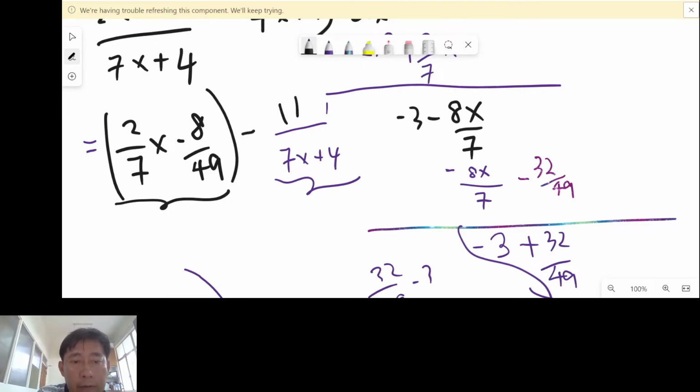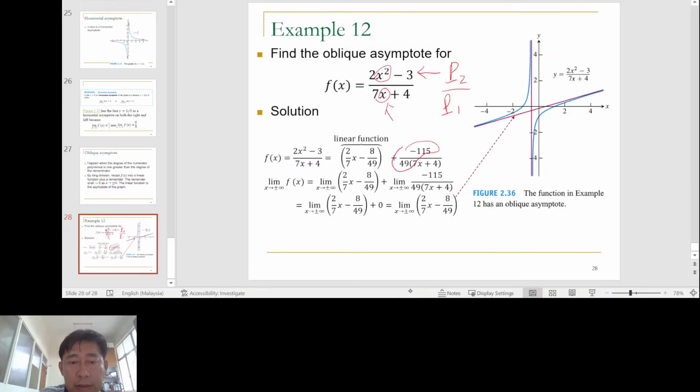Minus 115. So this is how the long division was performed. The rational function is now cast into a linear function and a residual function. Now the important thing to note is that the linear function is a function which is easy to understand.